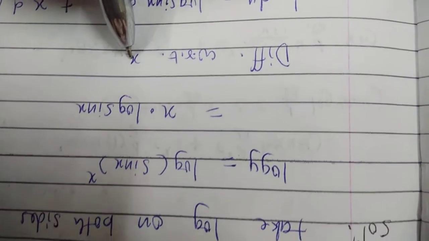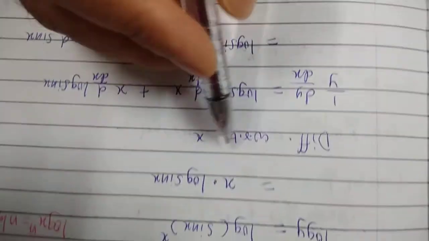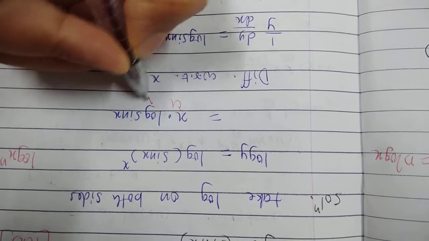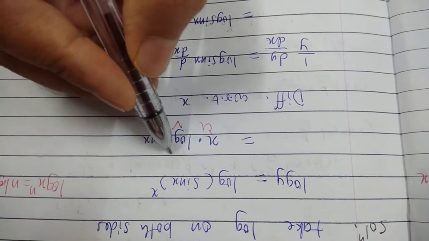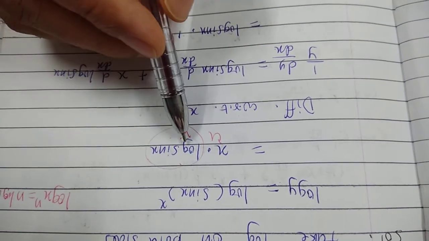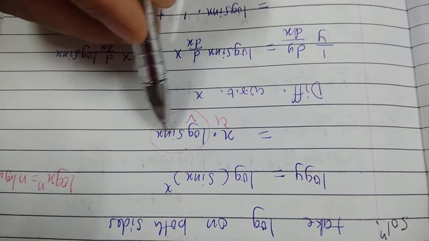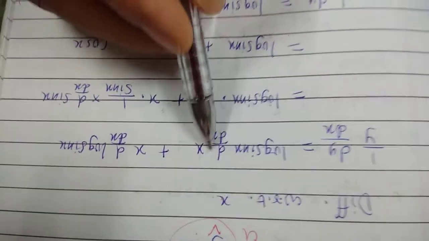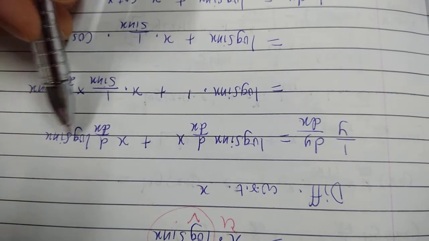The derivative for the left hand side will be 1 upon y dy by dx, as this is a composite function, and here it is multiplication, therefore we have to use the uv formula. While differentiating using the uv formula, for this particular term we have to differentiate using the composite technique, because this is not a simple log x, this is log of sine, that is log of f of x form. So using the uv formula, first v, that is log of sin x, plus the derivative of x, plus x multiplied by log of sin x, this is the v term.